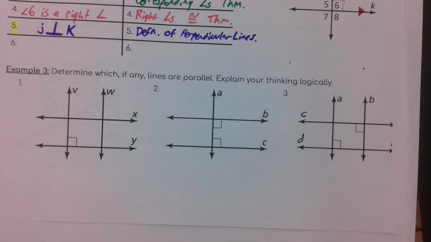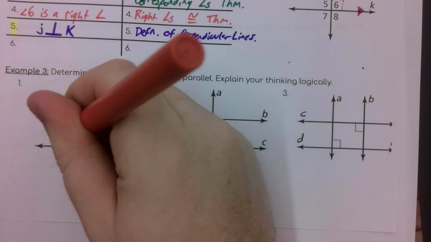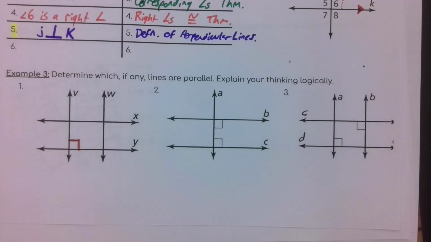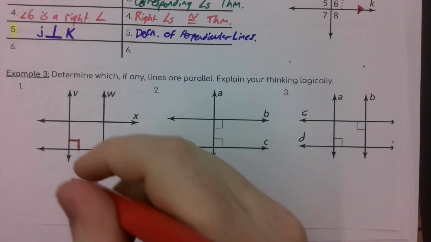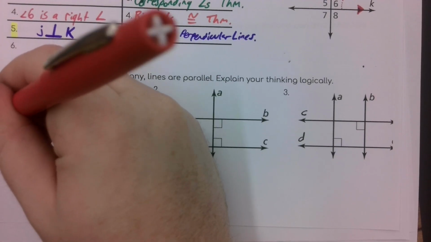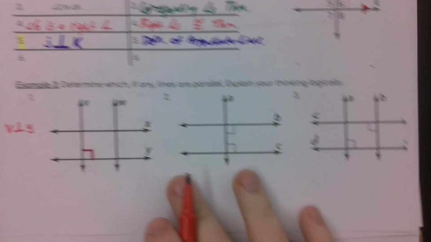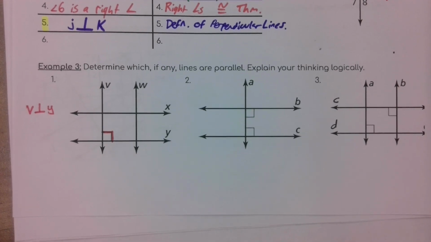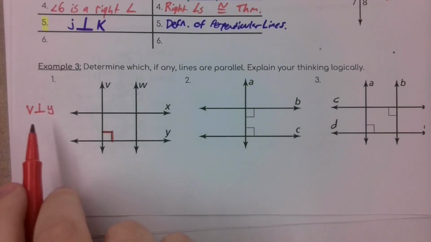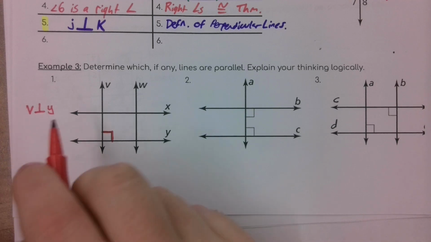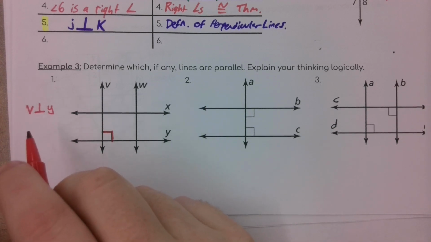Let's take a look at number 1. In number 1, what information are we given? We are given there is a right angle between V and Y. So we're told that V is perpendicular to Y. Is there any other information we can tell from the diagram? I mean, X and Y look parallel. V and W look parallel, but there's no theorem that says if two lines are perpendicular, then some other line is parallel.